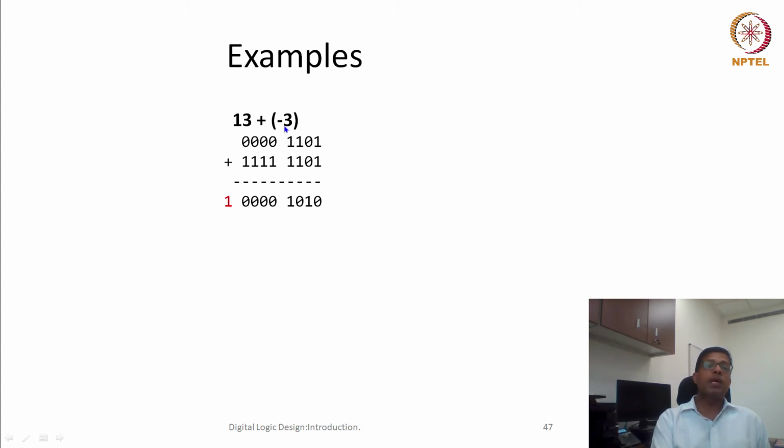For representing minus 3, first I have to calculate 3, that means 1 1, or basically 6 zeros and then 1 1, and then invert it. Inverting it will become 6 ones and then 0 0, and then I have to add plus 1, so that will give me minus 3: 1 1 1 1 1 1 0 1.